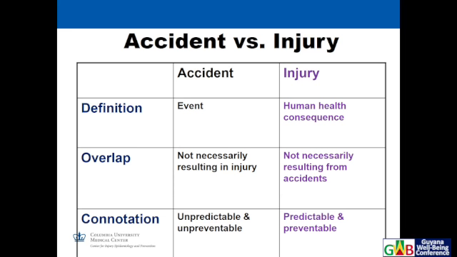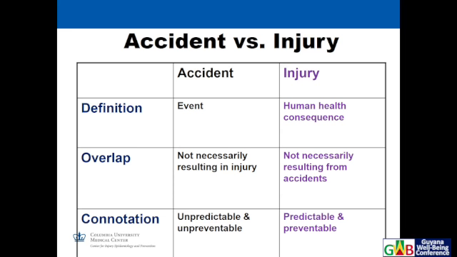The overlap between the two: as I mentioned, accidents do not necessarily result in injury. Sometimes the accidents do. On the other hand, injuries are not necessarily due to accidents because, as I mentioned, self-harm is intentional and it's not an accident.